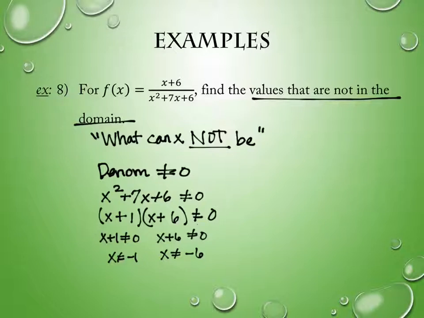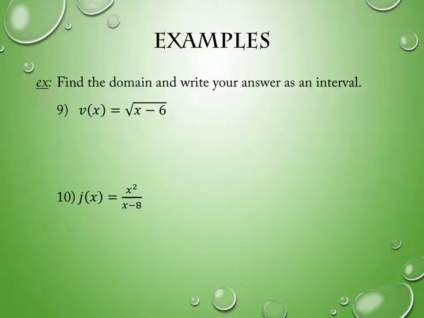Now, the next question is going to ask the same thing, but in a slightly different way. Instead of saying what values are not in the domain, it actually asks you to find the domain. So instead of saying what can you not have, it asks you what can you have. You with me? It's the same question, it's just posed in the opposite way. So on this one, we have a radical.